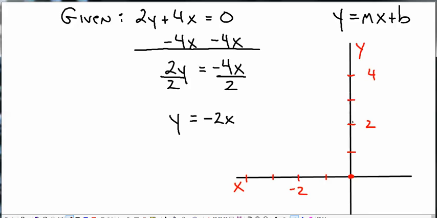Rise 2. How many are you going to run? Which direction? Good. You're going to rise 2, run 1 to the left because the slope's negative. From there, you're going to rise 1, 2, run 1 to the left because the slope's negative. You've got 3 points on the line now. You can connect them. My favorite part, connect the dot.